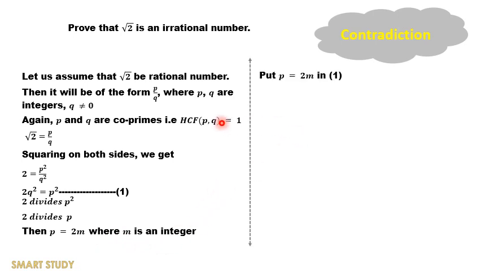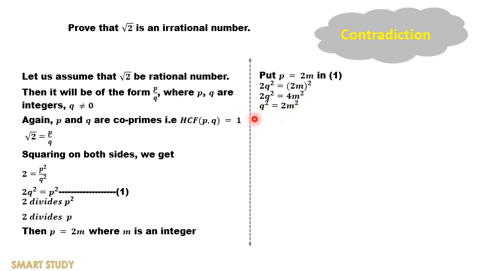So next put p equal to 2m in equation 1. In equation number 1 we are filling p equal to 2m. So 2q square equal to 2m whole square. In place of p we are filling 2m here, then we get 2q square equal to 2m whole square.